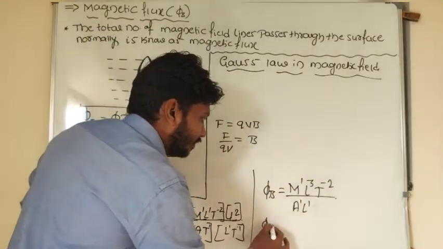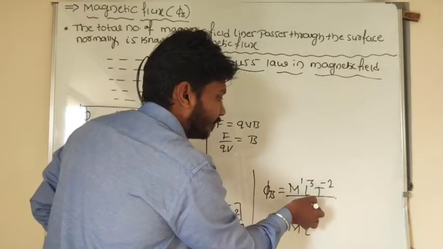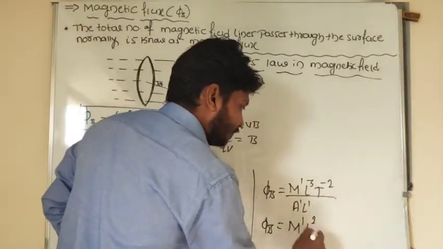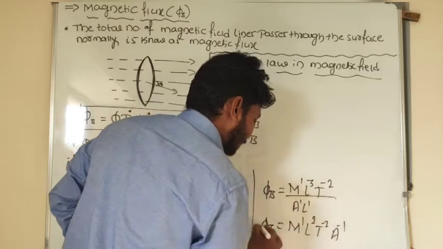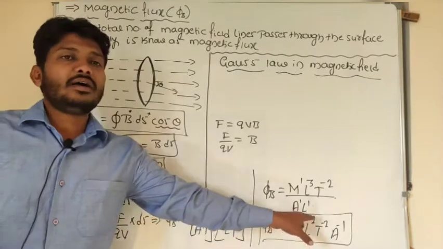Then phi of B is equal to M1. Here L to the power of 3 is there. If it goes to the numerator, 3 minus 1 is 2. T to the power of minus 2, A to the power of minus 1. So this is the required dimensional formula for magnetic flux.